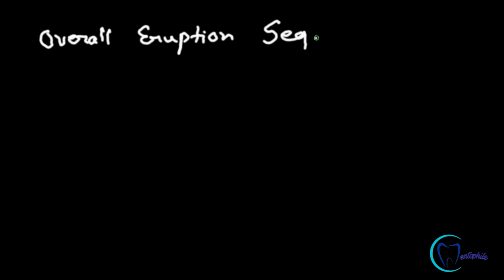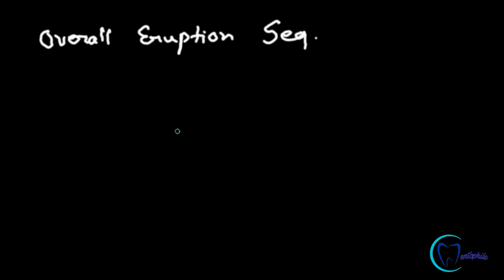Here the eruption also occurs in a mixed way. For example, the first teeth to erupt are the mandibular central incisors and the first molar, which usually erupts at the age of 6 years. And after that, the teeth to erupt will be the maxillary central incisors, that is at the age of 7 years. So there is mixed way of eruption between the maxilla and mandible.